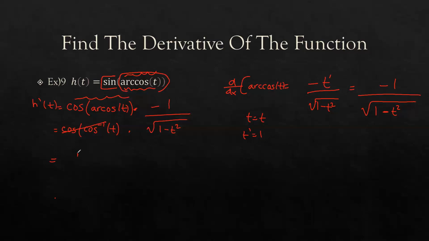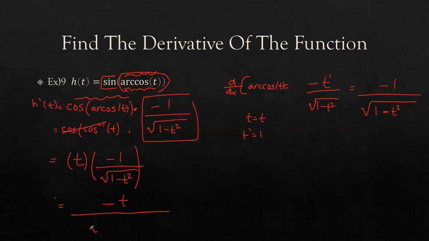So you're just left with t times this whole thing. So that is going to be negative t over square root of 1 minus t squared. That's it.